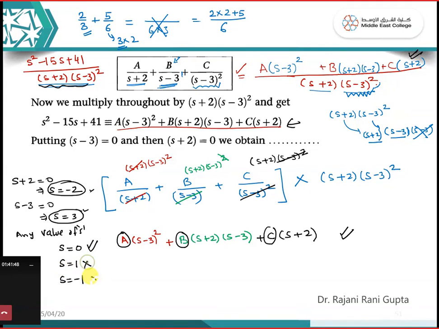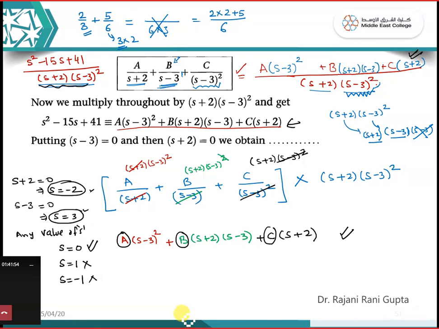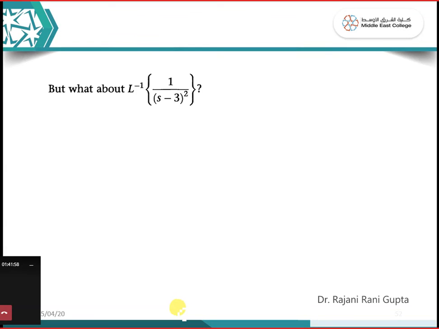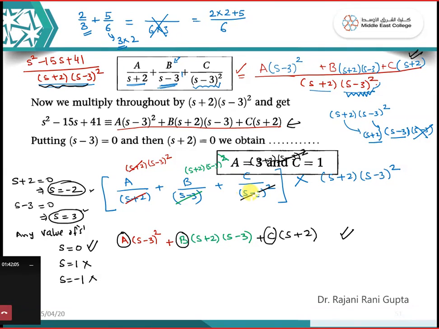I will not do the calculation for these two. And then done. After you get the values of A, B and C, substitute them here, you will get your answer. You cannot see the solution because I just overwrote it. Okay, so I want you to complete this on your own.